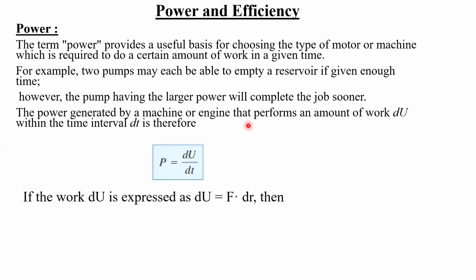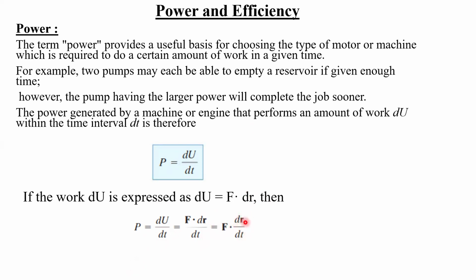If the work dU is expressed as dU = F dr, then P = dU/dt, and dU is F dr, which is equal to F dr/dt.